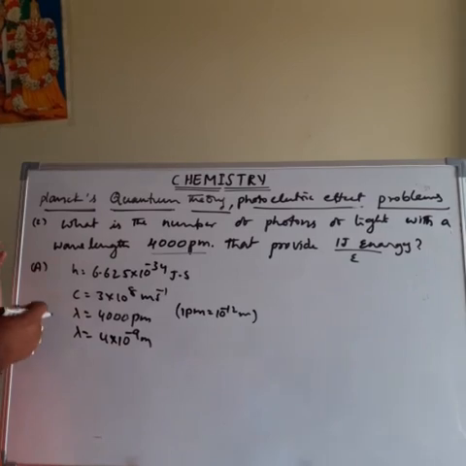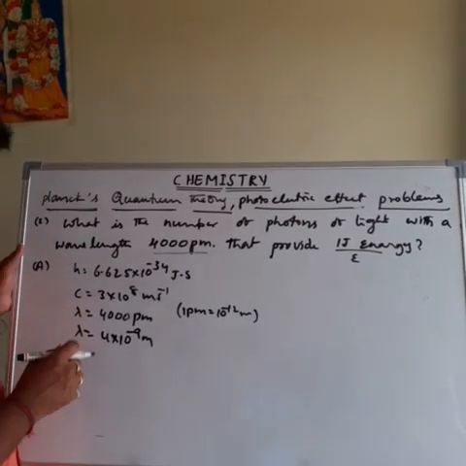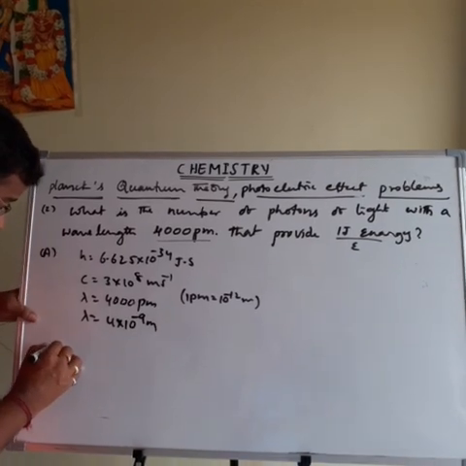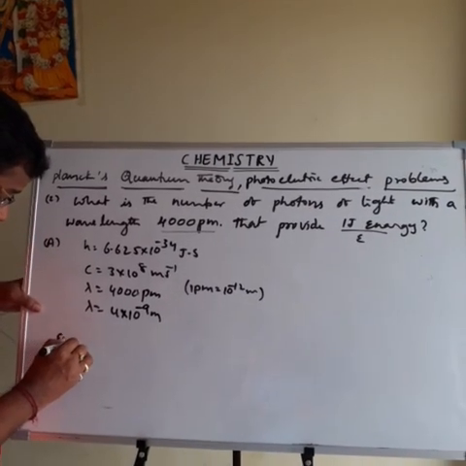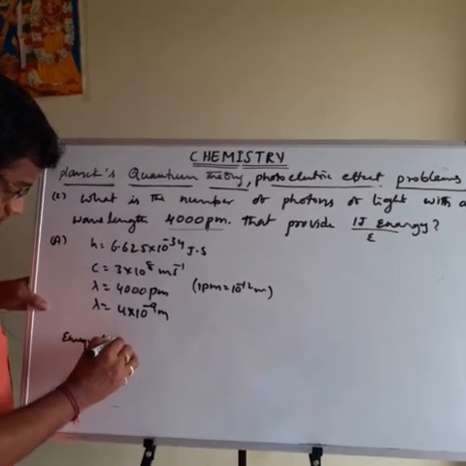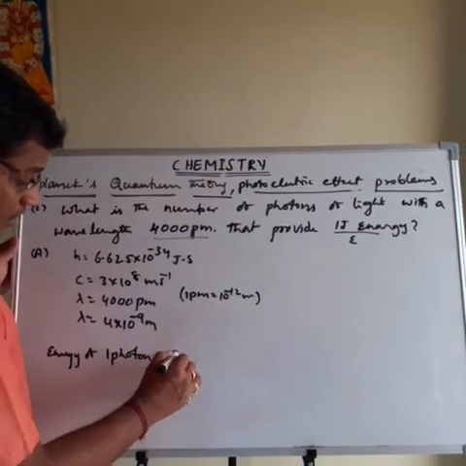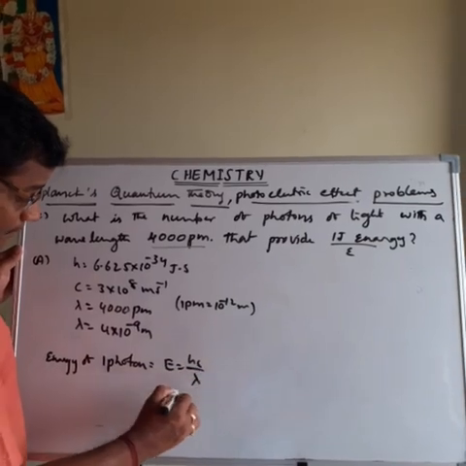So I am taking the direct value. Then substitute these values in the formula for the energy of one photon. The formula is E is equal to hc by lambda.